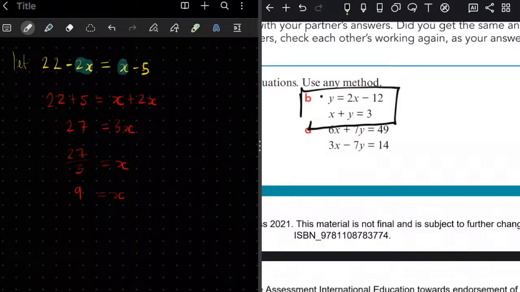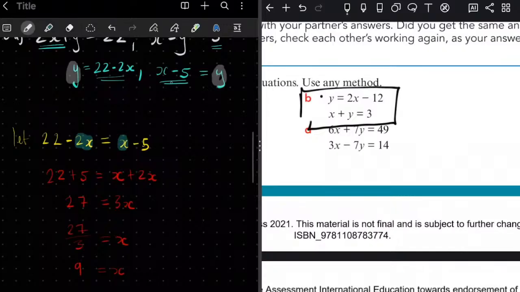Here you have it like this. Then you can go back to an equation. Y is 22 minus 2x.